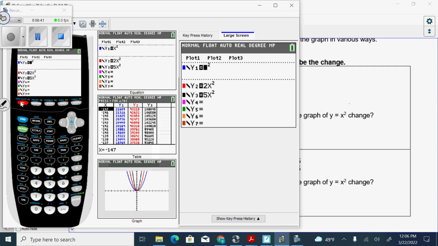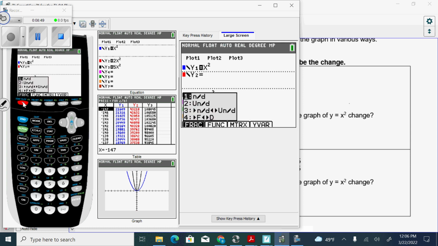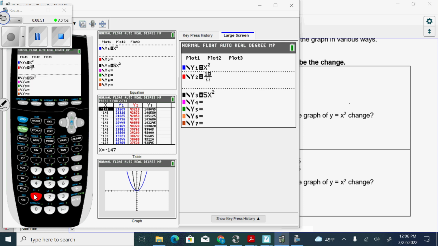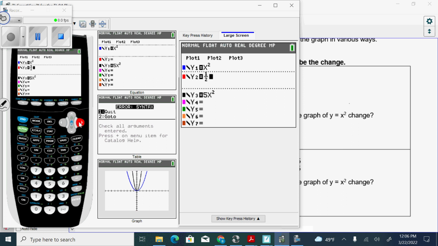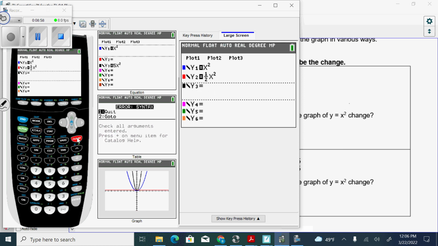So y1 is still just x squared. In y2, you're going to put in 1/2 x squared. So alpha y equals, enter, 1/2, arrow over, x squared. Okay, and in y3, we're going to put in 1/5. So we got 1 over 5 x squared.